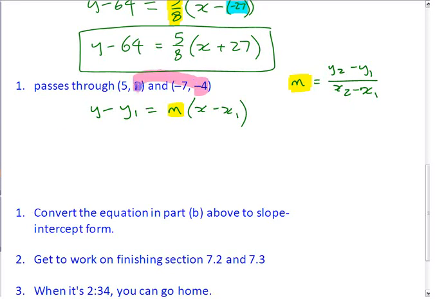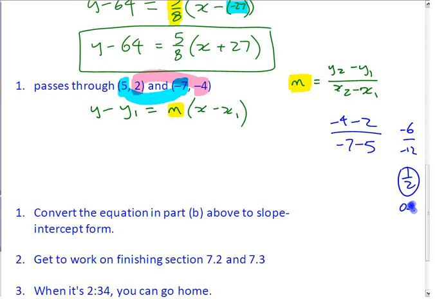Negative 4 minus 2 over negative 7 minus 5. You get negative 6 over negative 12, which is 1/2, or 0.5 if you divide that. Either way is fine. You can put 1/2 in there, or 0.5.